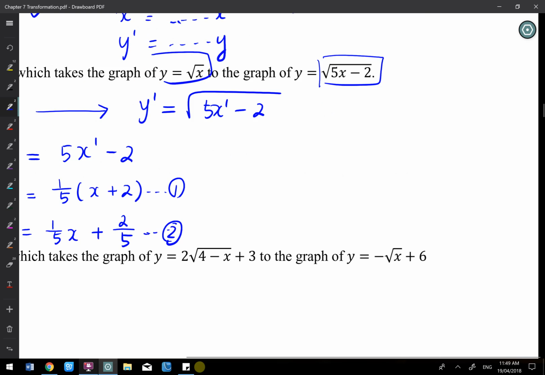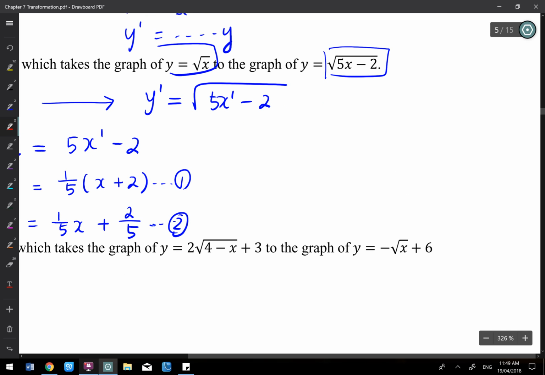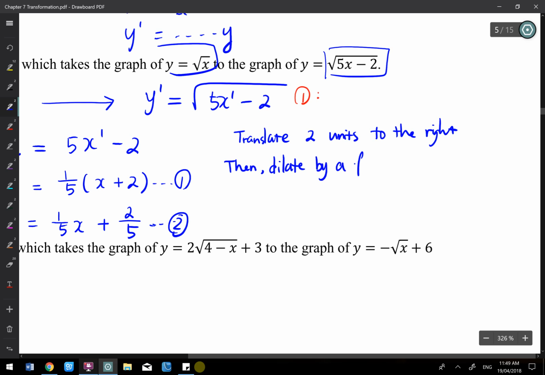From number 1, what I can say is translate 2 units to the right, then dilate by a factor of 1 on 5 from the y-axis.